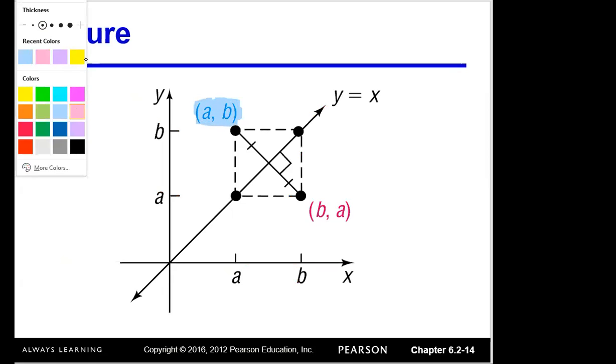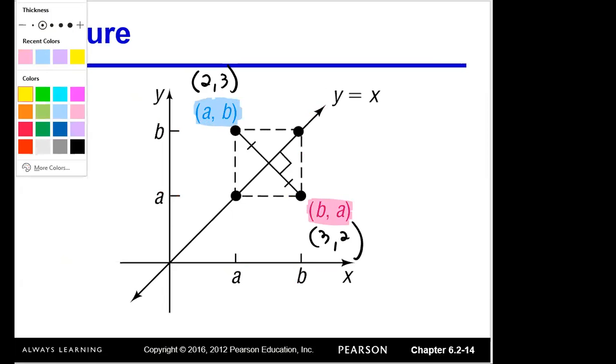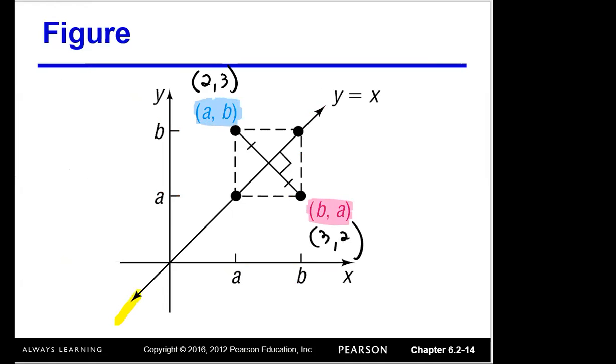If you look at every point, it will be a mirrored image of it, and it'll have the coordinate of b and then a. So if this is the point, I don't know, 2, 3, then this would be the point 3, 2. And that mirror image happens along this line right here, which is the line y equals x.